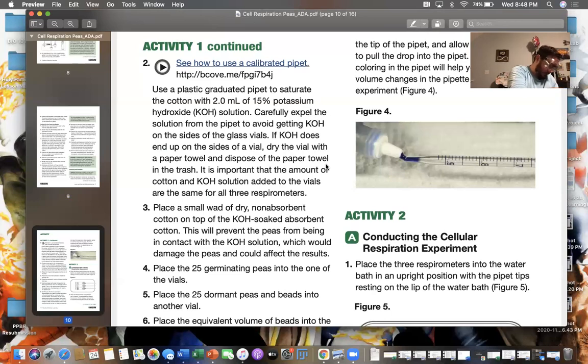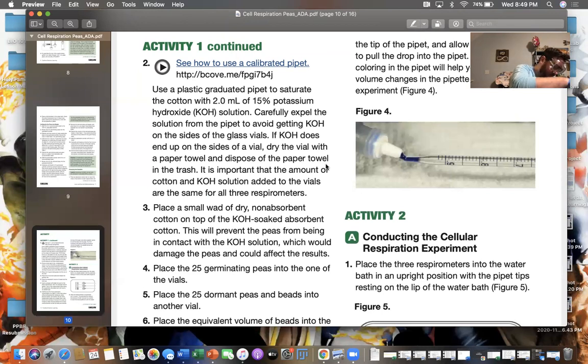Okay, so for some reason they give you a squirt bottle and then they want you to do a pipette. So that's not going to work. Okay, that makes no sense, but that doesn't come off, does it?